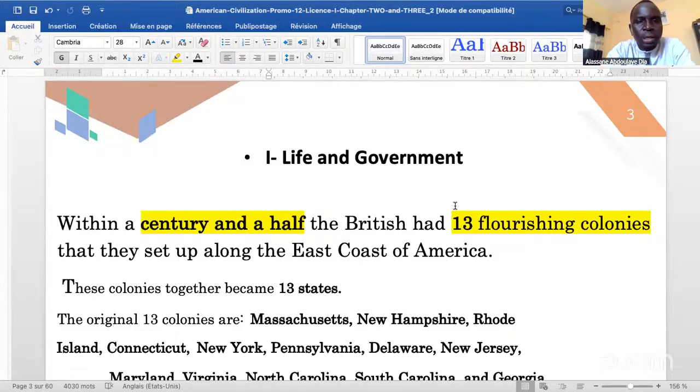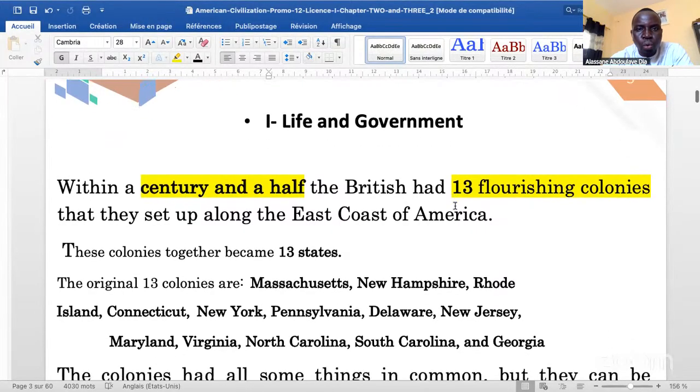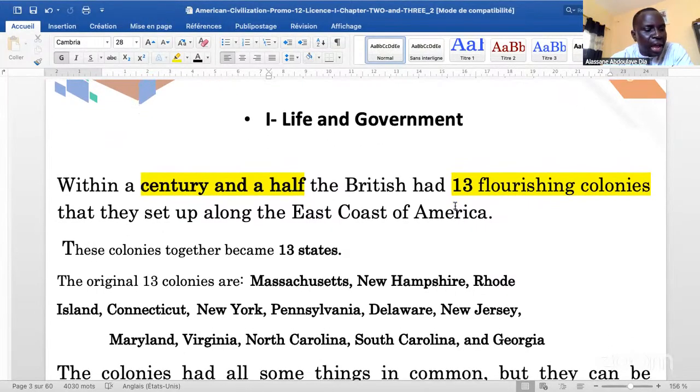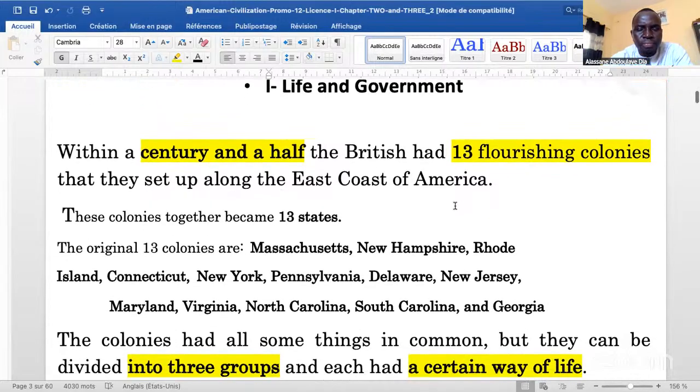So let us go. Now we deal with life and government during colonial America. Here you need to understand how the colonies were governed or ruled and the way of life that dominated this period of history.